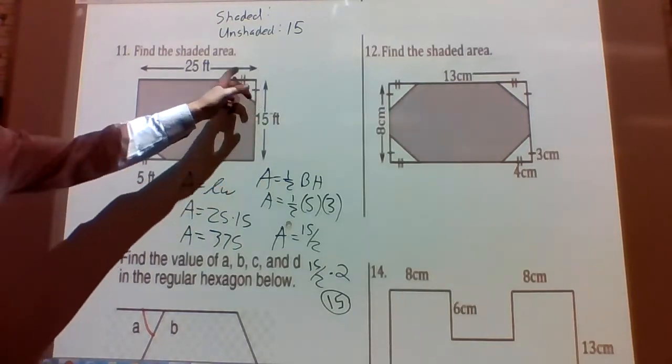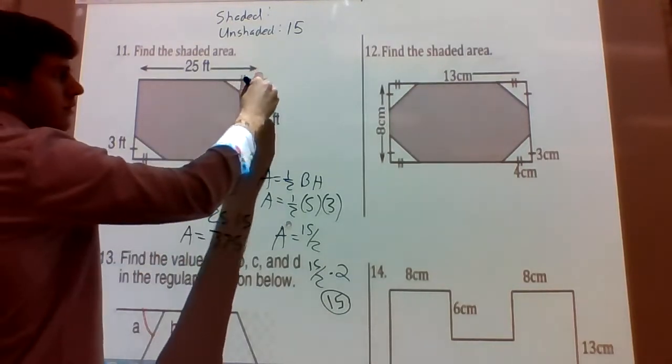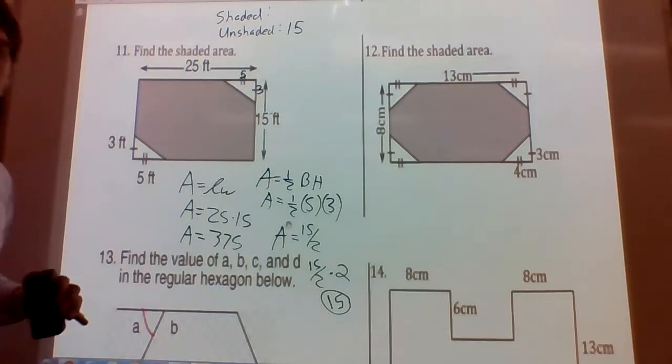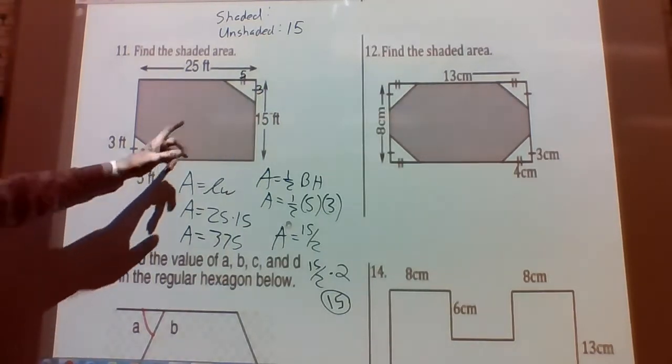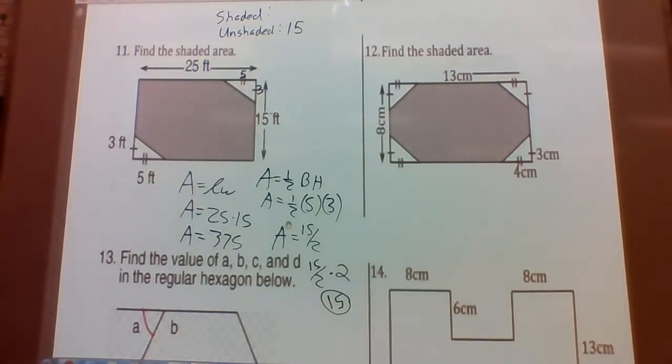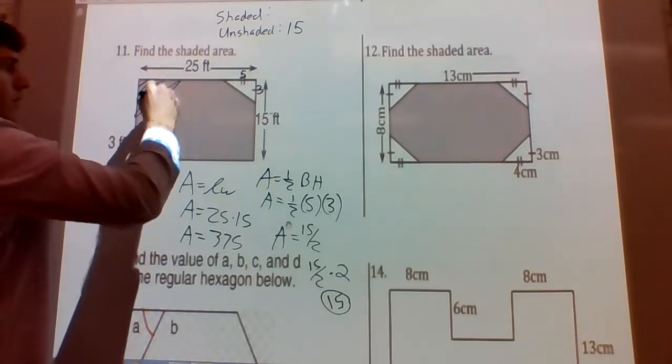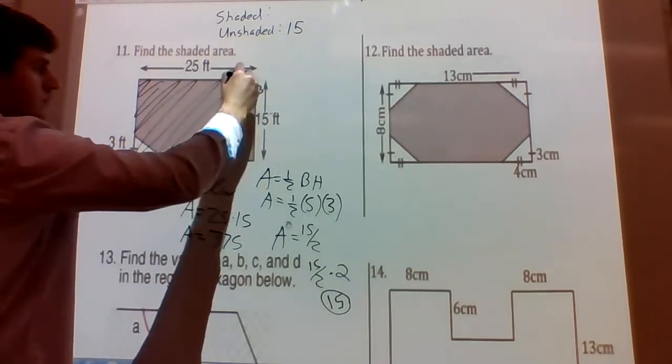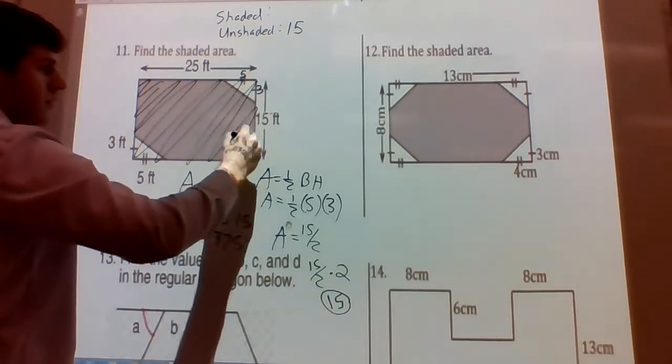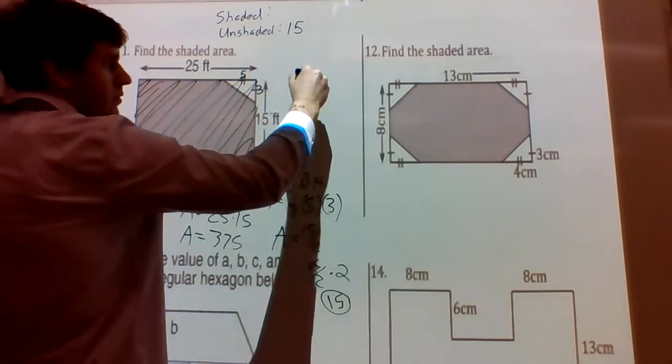So the dashes tell us this is 3 and this is 5. So we know it's the same area for the triangles. So the unshaded area is 15. We know the whole area is 375.